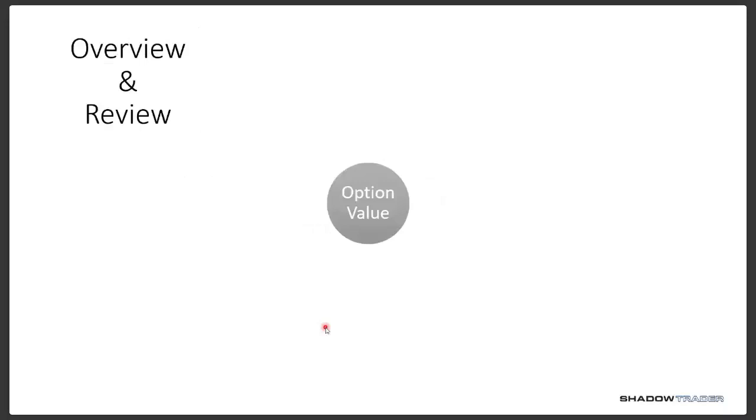All right. So let's do an overview and review of options. The option value. Typically, the stock price is going to tell us what that option is going to be valued at. You got a stock price of $100. I'm looking at a $100 strike. There's got to be at least a value to my option. Well, that's deemed first and foremost by the stock price itself.